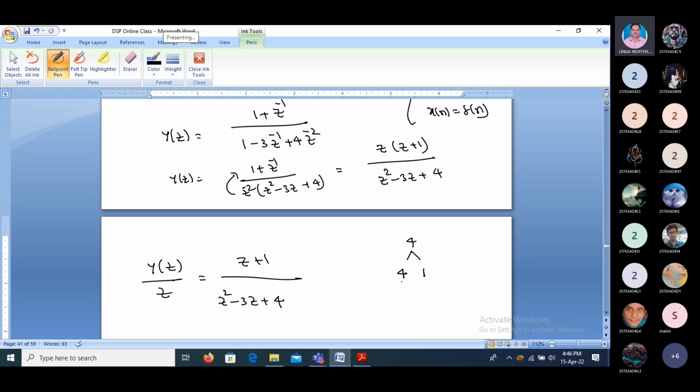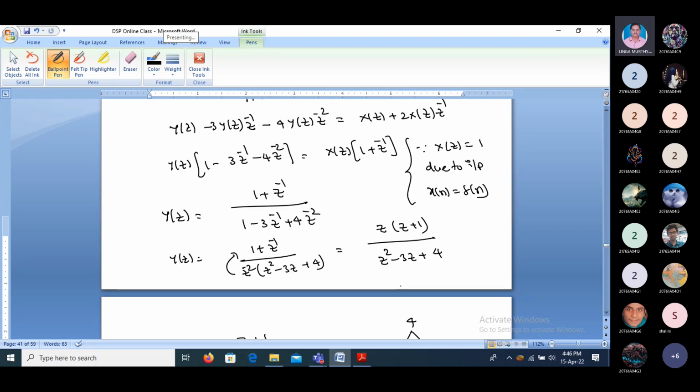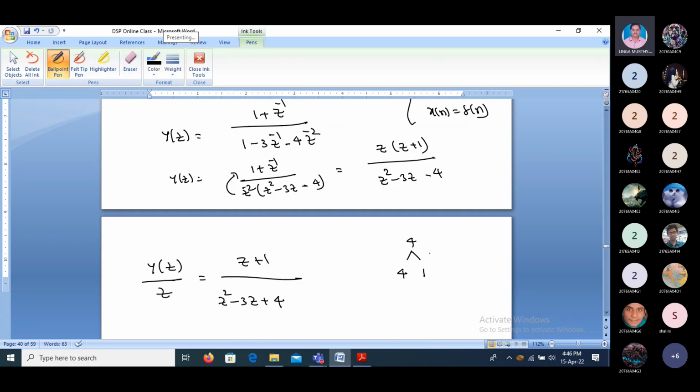So is there any mistake? Okay, minus 4z inverse. A small denominator here, minus 4, and it is also minus 4 because the roots are different here. So here minus 4, minus 3 is there, so minus 4 into 1.